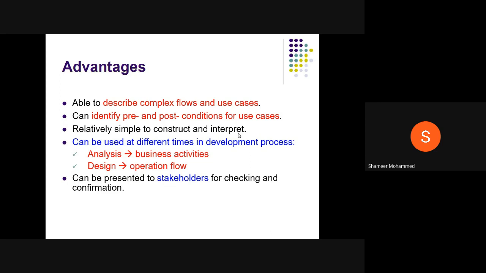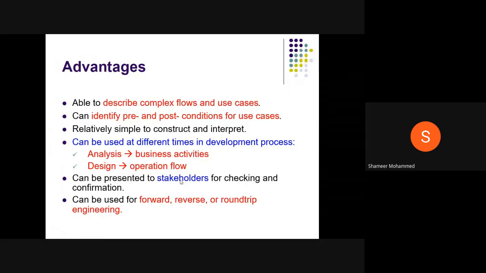So those persons are called stakeholders. They can also participate in designing the information system, and by drawing this diagram you present it to them to make sure whether the work you are doing is correct or not, for checking and confirmation. For that reason, you will show the diagram to this person.